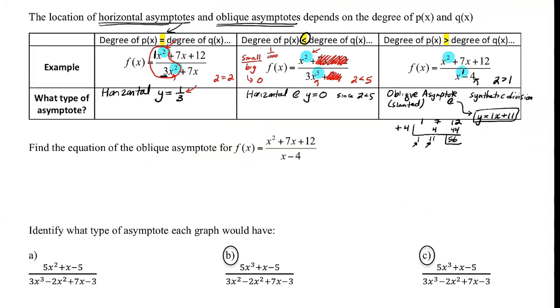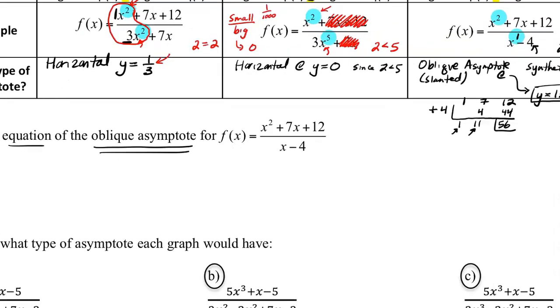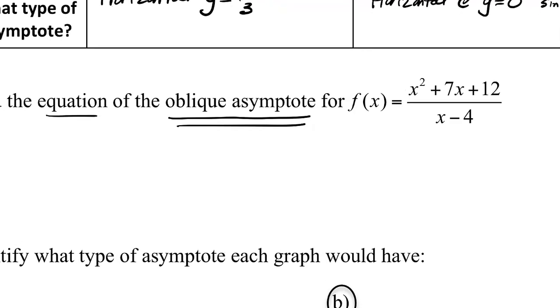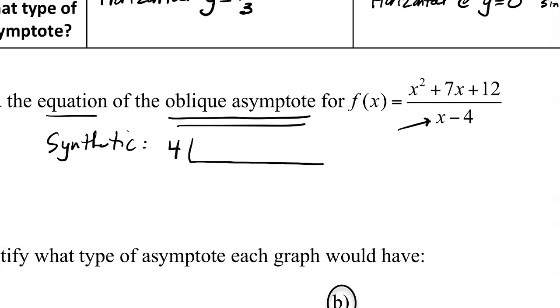So let's just practice one more time with an oblique asymptote, finding the equation, which we already did, but I'll walk through it one more time. You would use synthetic division. We would do the binomial on the denominator, which is a positive 4. We put the 1, 7, and 12, drop the 1 and multiply, add 7 and 4, multiply, and we get 56 as our remainder.